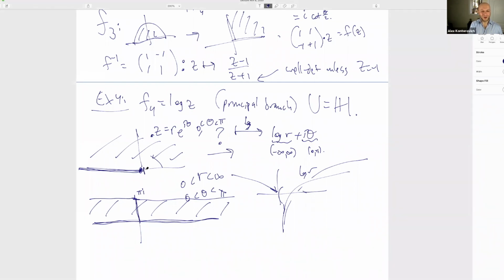Well, if z is just r, then there's no problem defining the branch, right? If z is a positive real number, then its log ranges from minus infinity to infinity. So we're getting the entire boundary, right? Here's 1, log of 1 is 0. So this is f of 1.